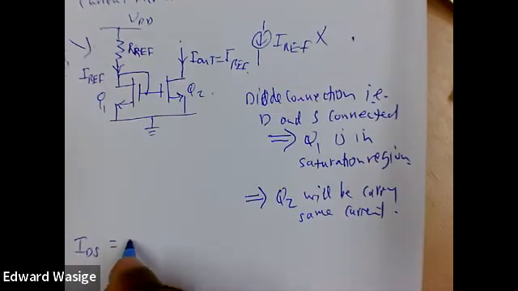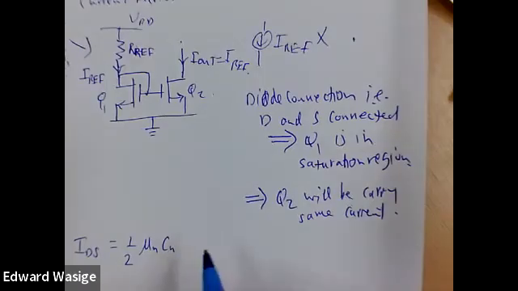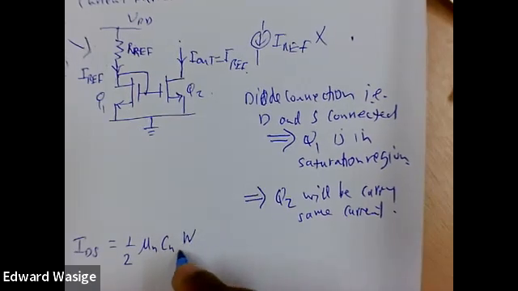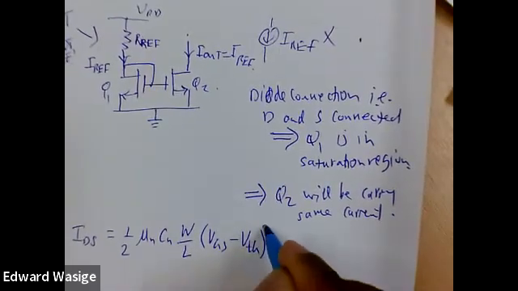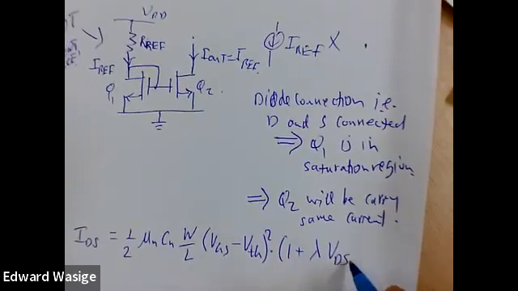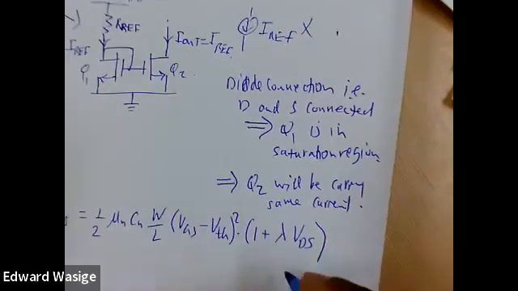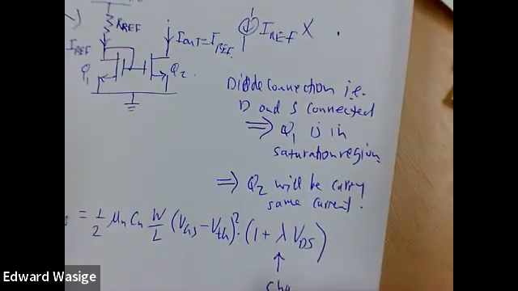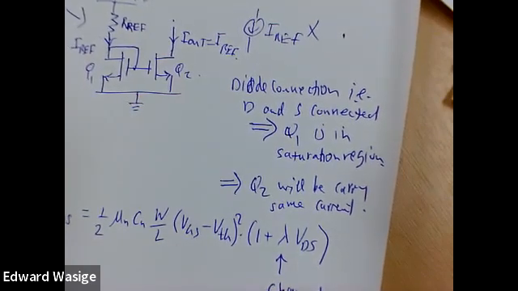So IDS, we know it's given by half mu n Cn W over L, VGS minus VTH squared, times 1 plus. This is not quite the form that's given in the handout, but this parameter here is called the channel modulation parameter.